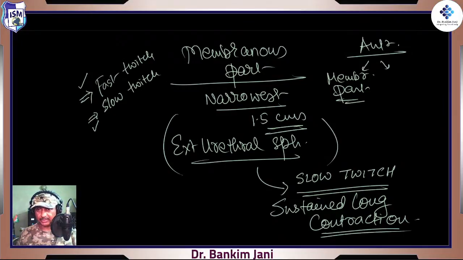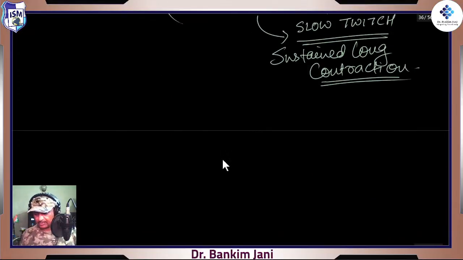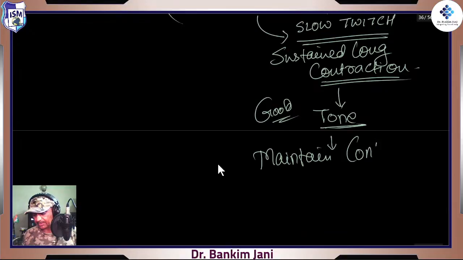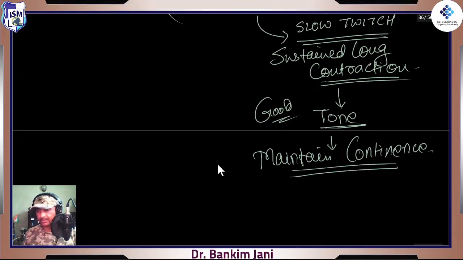So they generate enough tone, a good tone, which means they will be able to maintain, we'll write only the technical term, continence. And you know what continence is, it prevents leakage.